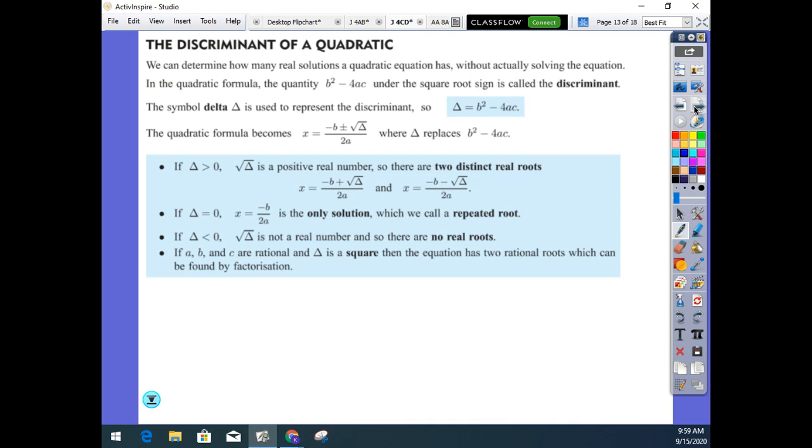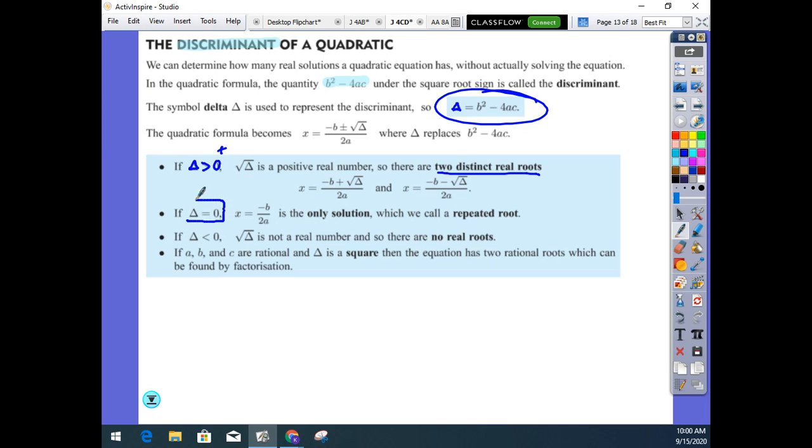So it gives the number under the radical its own name. The number under the radical, b squared minus 4ac, is called the discriminant. Now, I do not like that they give the discriminant the symbol of the triangle, because to me that means change. But what this is saying, if the number under the radical is greater than 0, positive, there are two distinct real roots.